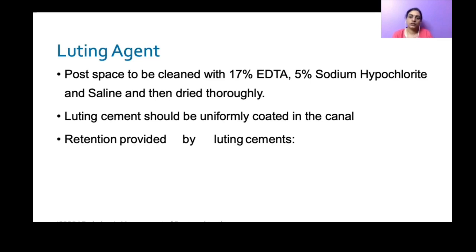Whichever post you are planning to cement, the canal should be thoroughly cleaned before placement of the cement. So the suggested steps are to use 17% EDTA followed by sodium hypochlorite, and then thoroughly rinsing with saline and drying. The luting cement should be uniformly coated in the canal, preferably with a lentulospiral.